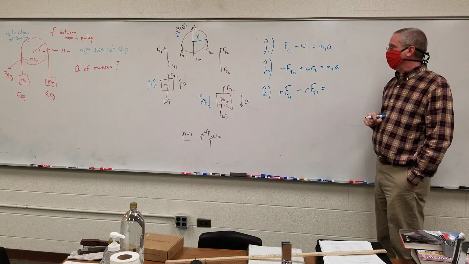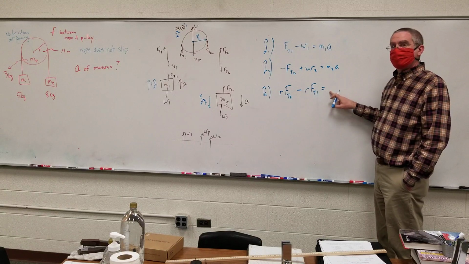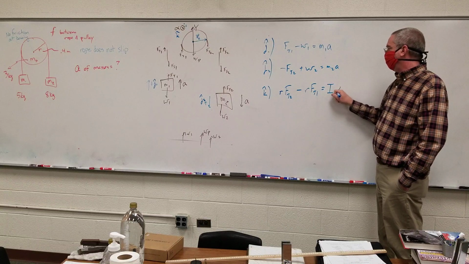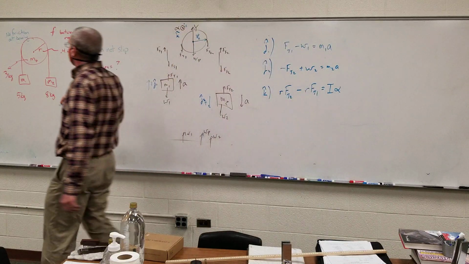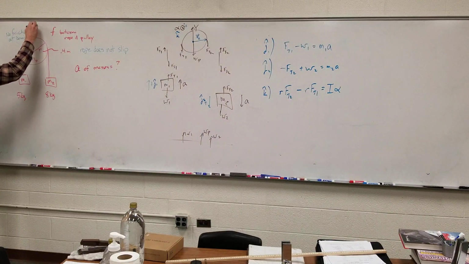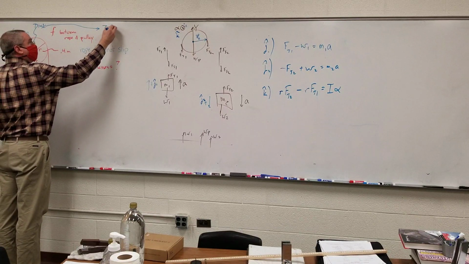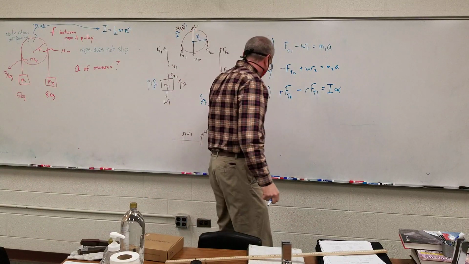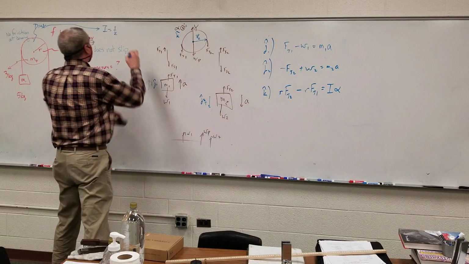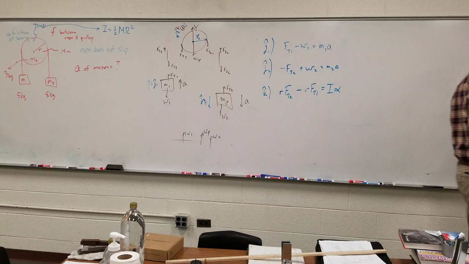This is a rotation equation. I've written it up a couple times, though we haven't gone into a whole lot of detail on it. It's I alpha. Now, I am gonna make the assumption that this is a disk, and the formula for I for a disk is 1/2 MR squared, the mass of the disk and the radius of the disk.